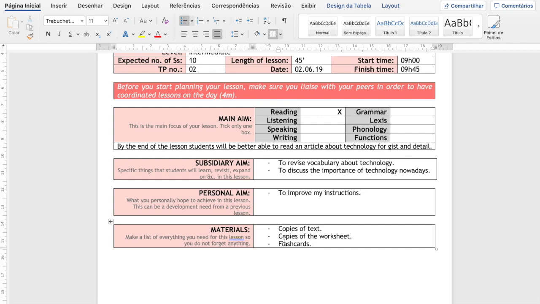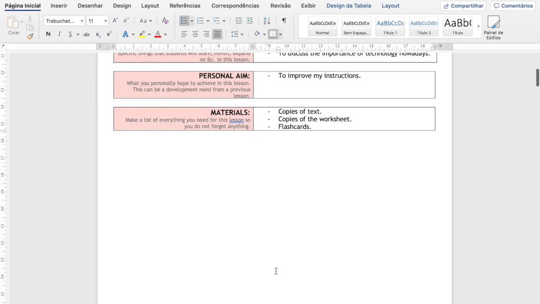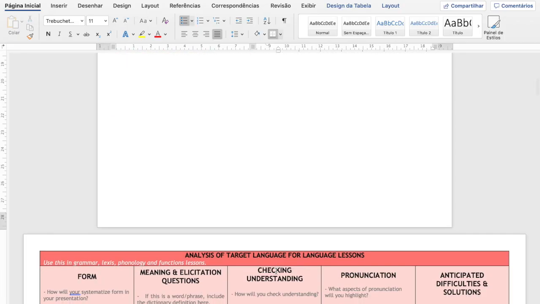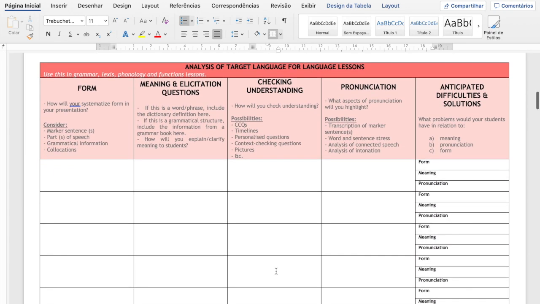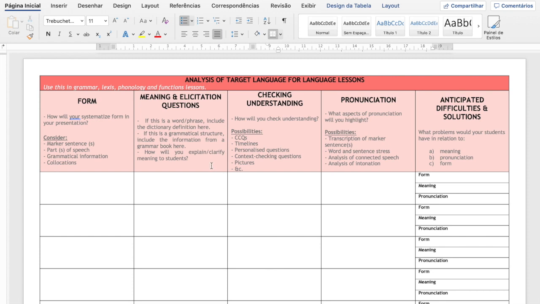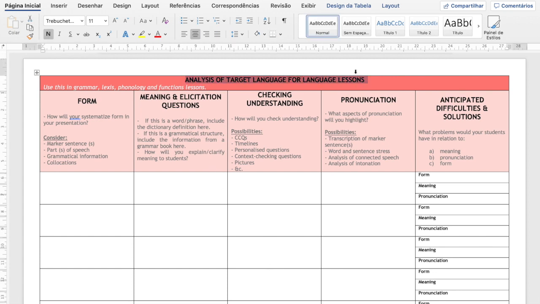The next thing you will do is analyze the language of the lesson. Here you have 3 different pages. The first one says, Analysis of target language for language lessons. You're going to use this if you're teaching grammar, lexis, phonology, or functions.